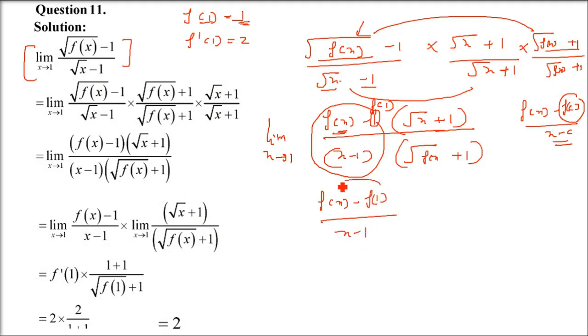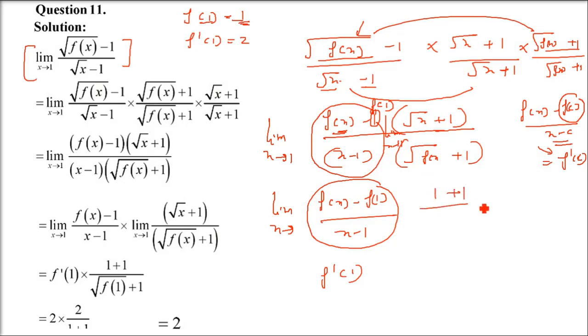Now this is a proper differentiation only of f dash 1. Right? So this is f dash 1. And what about this one? This is f dash c, right? So that is why I wrote f dash 1. And what about this one? Under root. Now I'm applying the limit, so just put x as 1. So root 1.